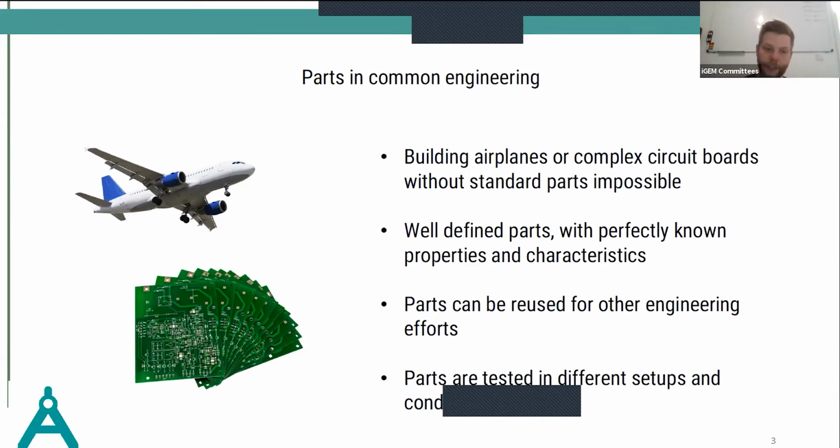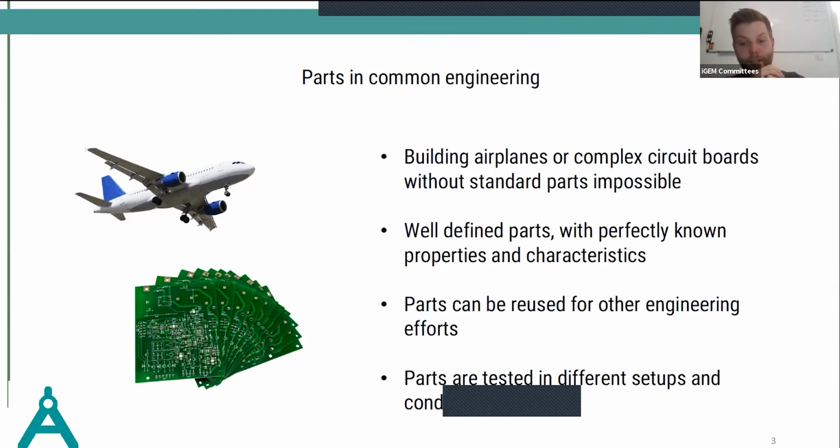You know perfectly the function of a transistor on an electric board. You know perfectly the materials which are used, and you know the properties of these materials. Therefore you can recombine all these parts and use them for completely different engineering efforts. And these parts are tested in simulations, but also in real life. You can also imagine all the rocket testing that SpaceX, for example, is doing.